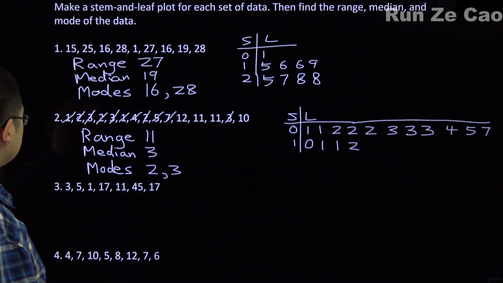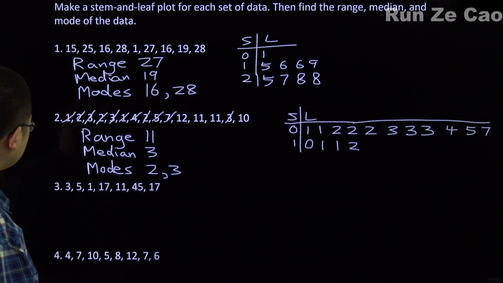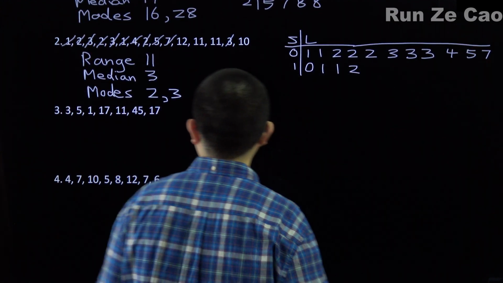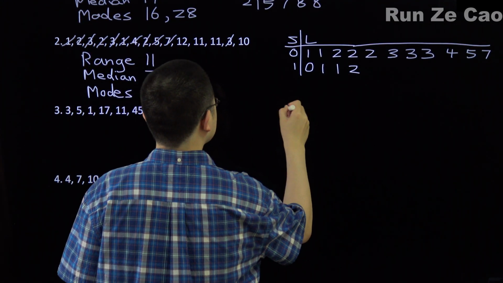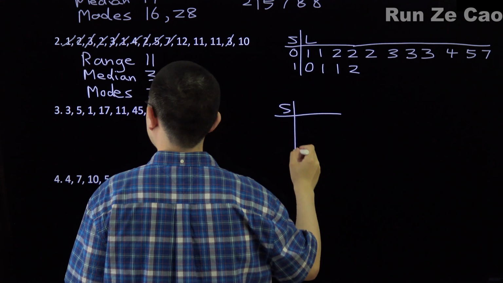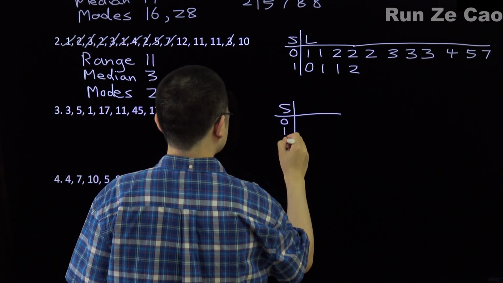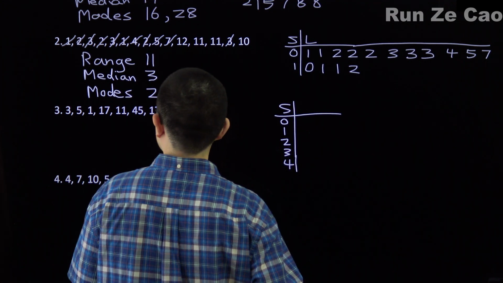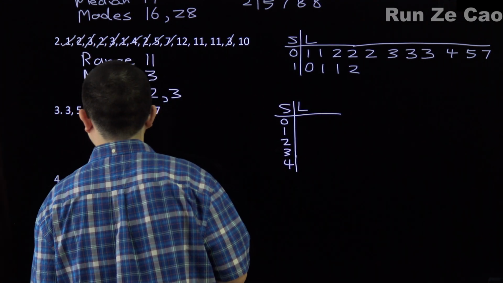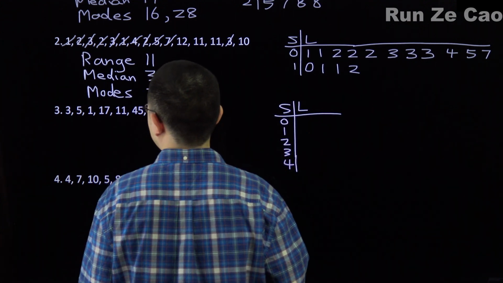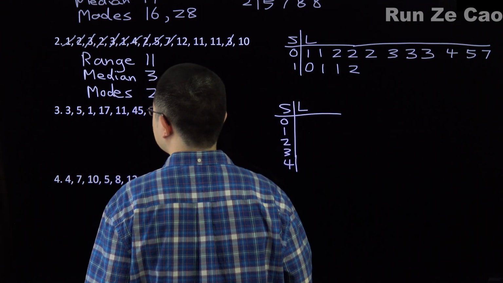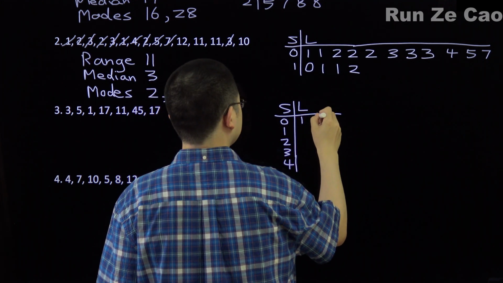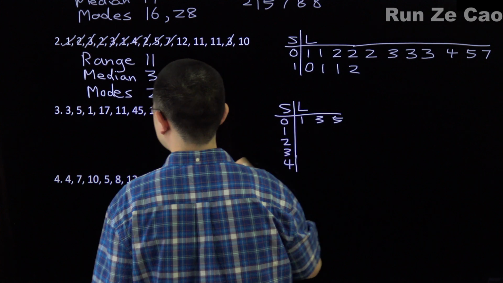How about this then? We got 3, 5, 1, 17, 11, 45, and 17. Well, we're going to have a few empty stems: 0, 1, 2, 3, 4. And the leaves. For the 0 stem, the single digits, we got 1, 3, and 5.